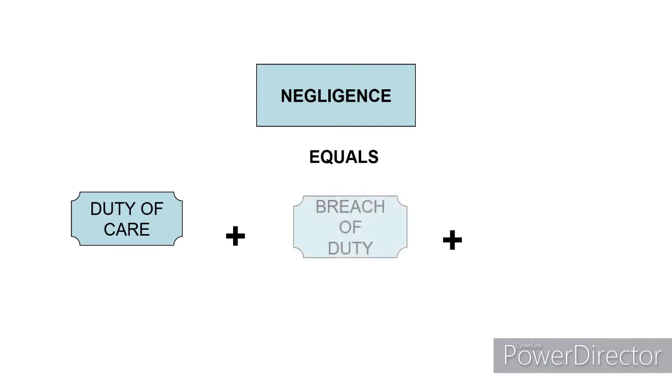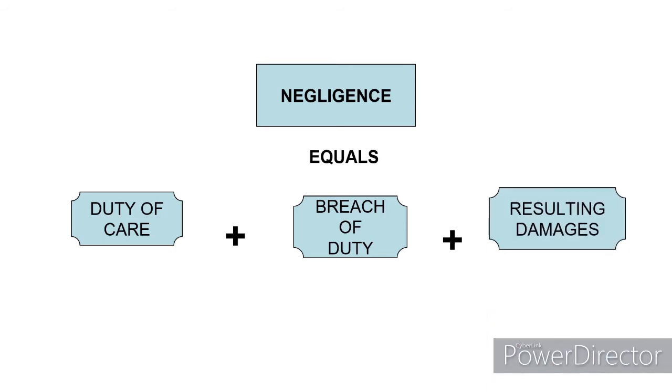The second thing to prove is that there had been a breach of that duty. And thirdly, that damages resulted from that breach. And all 3 things need to be established in order to prove negligence liability in civil law.